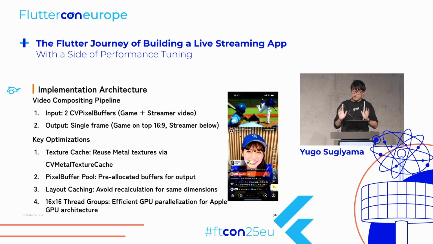The idea is to show the game footage as a main 16:9 aspect ratio frame, with the streamer video placed below it. We applied several optimizations, like reducing resources and overhead. The details are very technical in the iOS native region, so the key point is simply that we streamlined both memory and GPU processing.